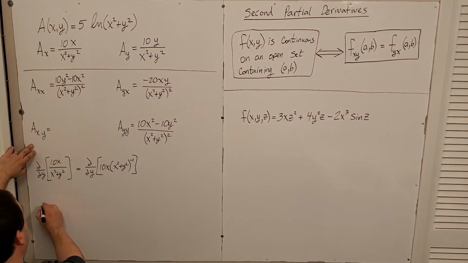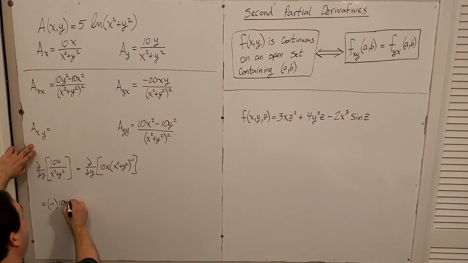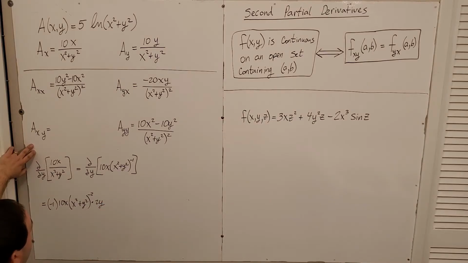And I can do that derivative just with a quick chain rule where I drop the negative 1. My 10x is unaffected because it's just going to be a constant following along. I leave the inside alone to the negative 2 power because of the power rule, times the inside derivative with respect to y, which gives me 2y there.